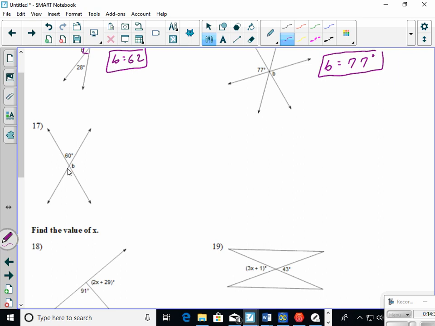They're not on opposite sides, they are side by side, making a straight line. So this is an example of a linear pair. And those are going to equal 180 degrees if you add them together. So 60 plus B equals 180. Subtract the 60, and B is going to equal 120 degrees.